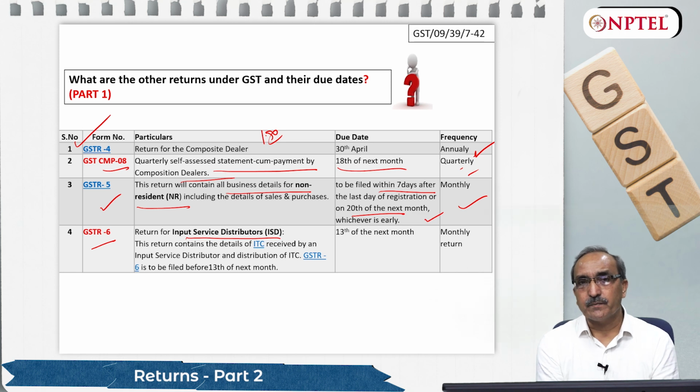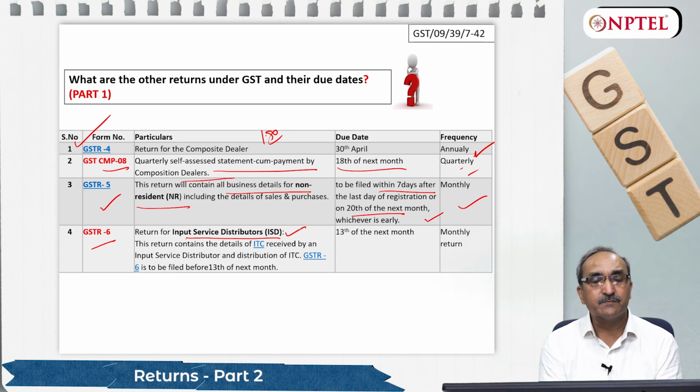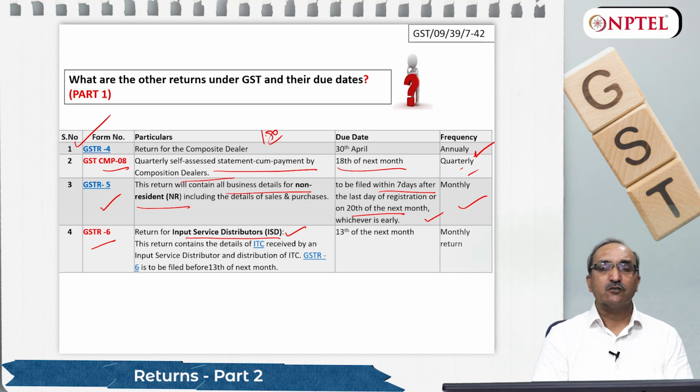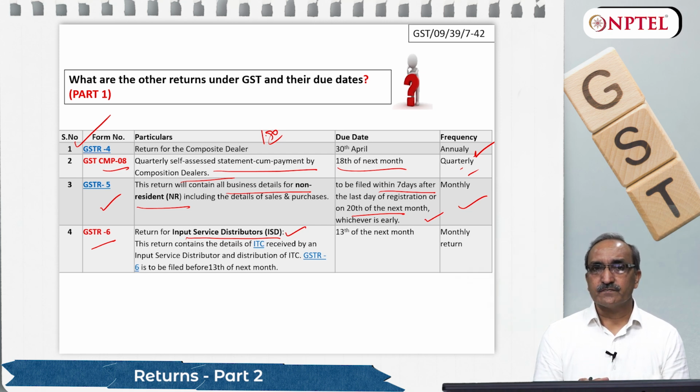So this company, though having a separate registration number in Maharashtra for its regular business, will have to have a separate number as ISD for centralized procuring and transferring goods to its units, and has to file a monthly return wherein they will declare how much procurement they have done for different offices, different units, and how many invoices they have raised to their units on their behalf. So they have to file monthly returns by 13th of the next month.